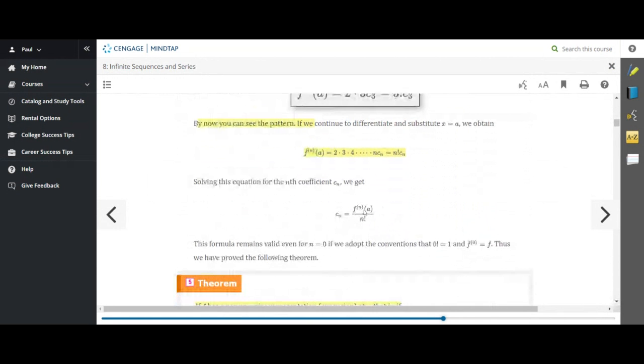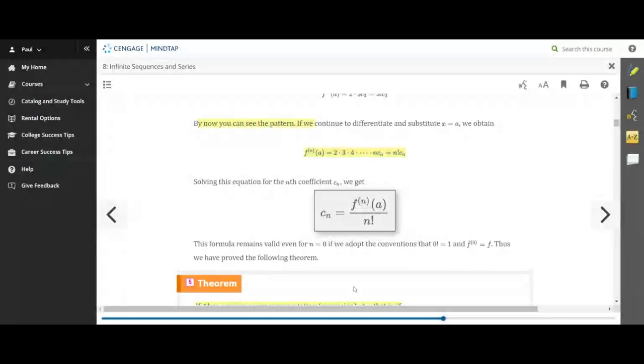There's a pattern. The function has to be continuous and differentiable over an interval, basically a well-behaved function. But we can find a general formula for the coefficient c sub n for this general power series, and it's the nth derivative of the function at a divided by n factorial.